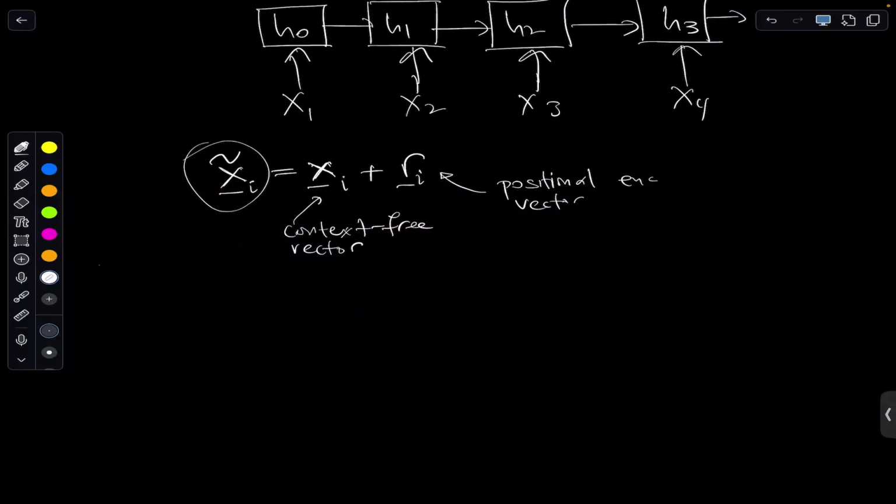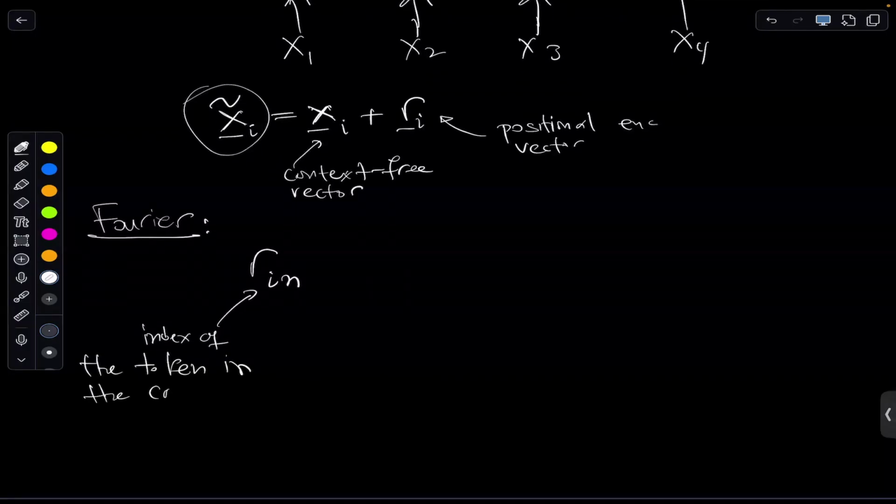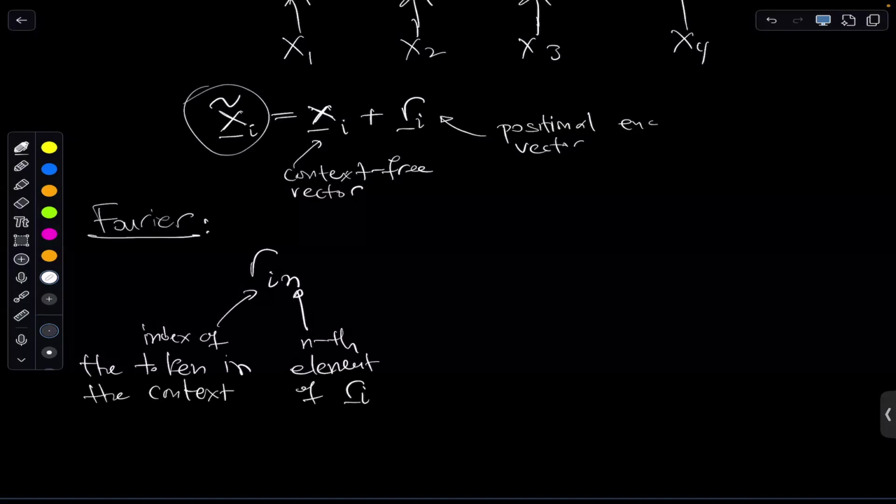Specifically for the Fourier method, we are going to have the encodings R(i,n). Here i is the index of the token in the context, and n is the nth element of the Ri vector.